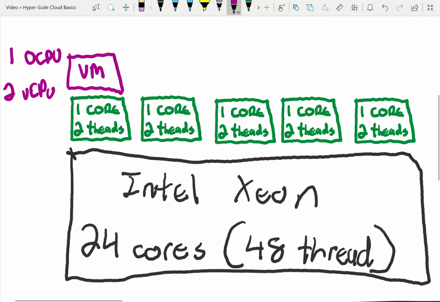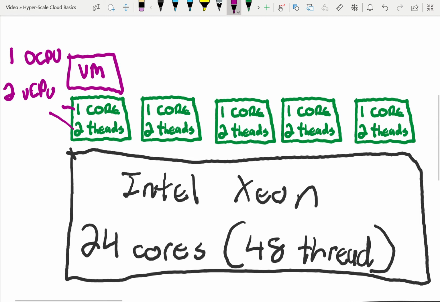So the one OCPU is referring to the fact that it is one core. vCPUs are referring to the number of threads, which are two. So if you're looking at it from an operating system perspective, you're going to see both threads presenting themselves. If you're talking about a Windows environment, you go into Task Manager, you'll actually see two cores showing up there.